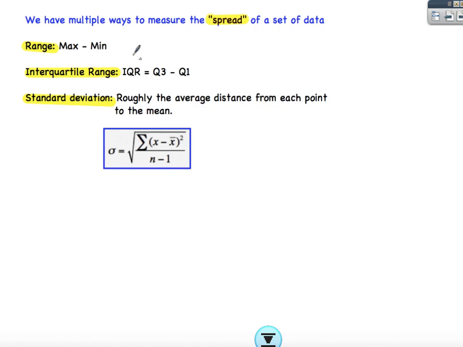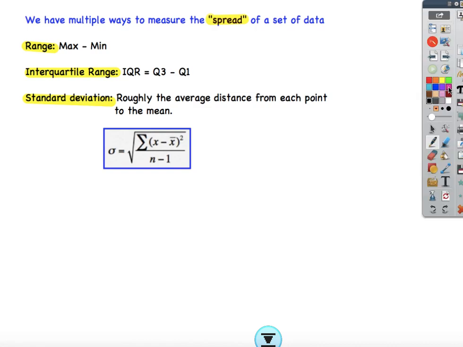Oh, here's just some more things that we've already kind of touched on. The range is the max minus the min. The IQR is Q3 minus Q1. I think a really important thing that will most likely come up on the AP test is the idea of standard deviation and how to interpret it.